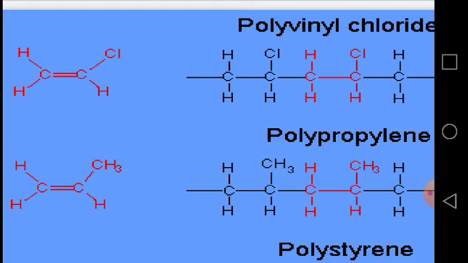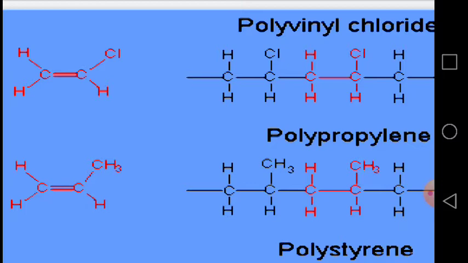So these double bonds help us to add the carbon to the carbon of another monomer. So for addition polymerization, the double or triple bond helps to add up the molecules with each other, and that's why this is called addition polymerization. Here is another example of polypropylene. This is one unit of propylene.